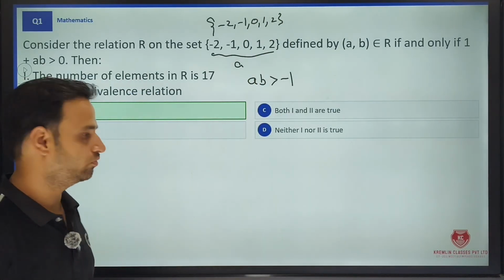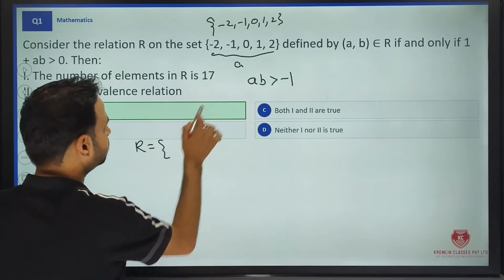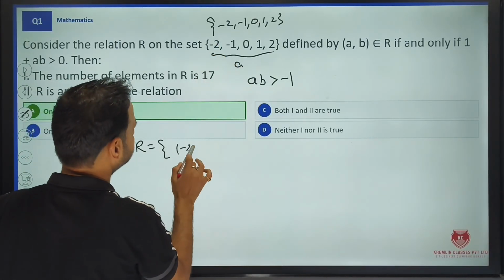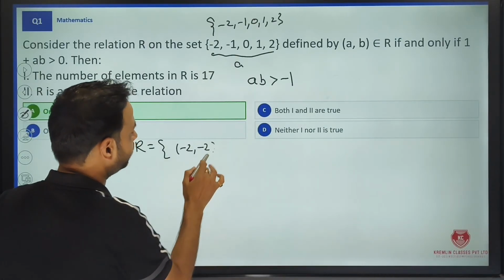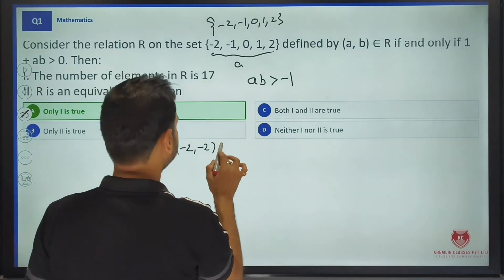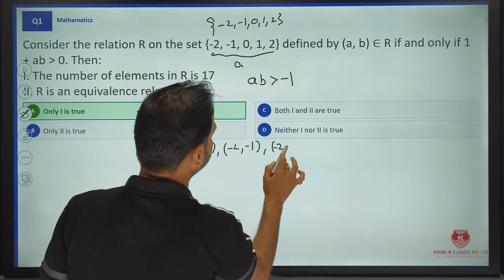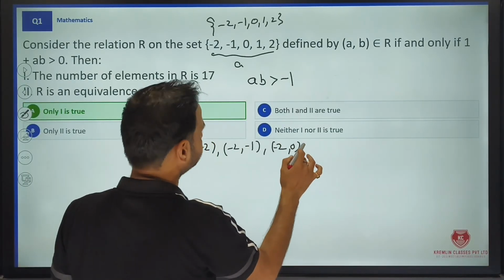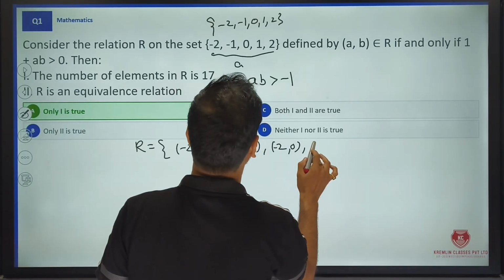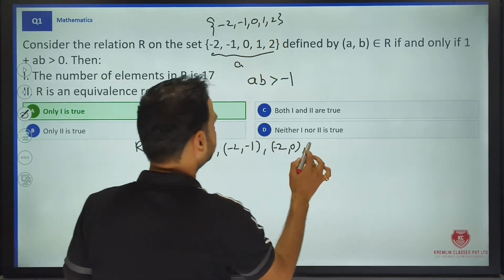Okay. So when we are creating the relation R, first of all we select -2 and -2. Multiplying -2 and -2 gives 4, so the relation is true. (-2, -1) is again true. (-2, 0) is again true because we get 0. (-2, 1) is wrong because -2 into 1 is -2, so we will not take this.